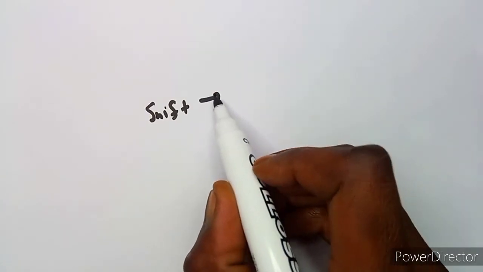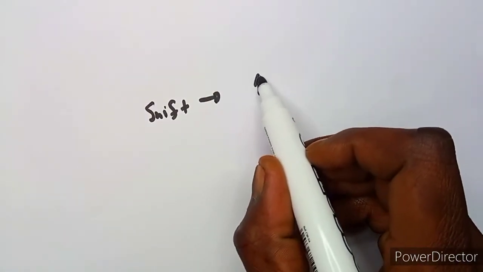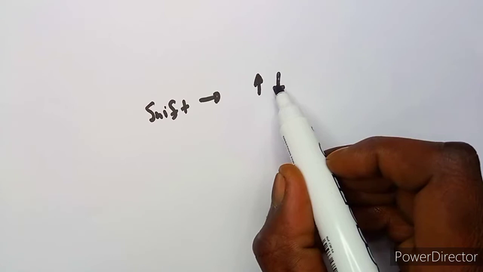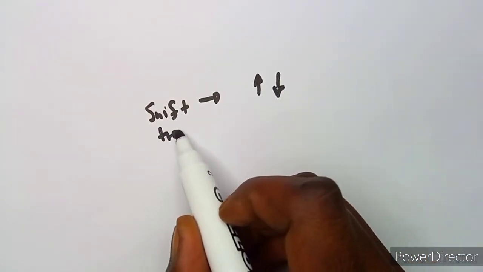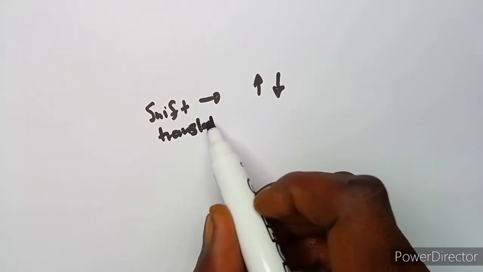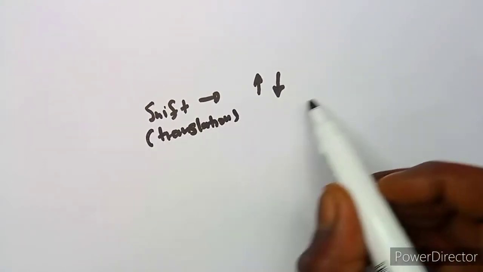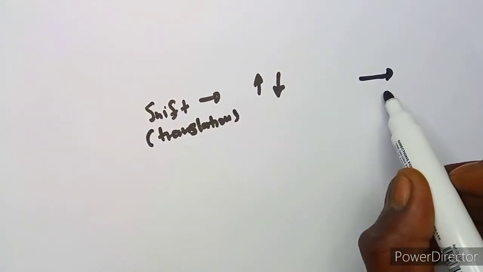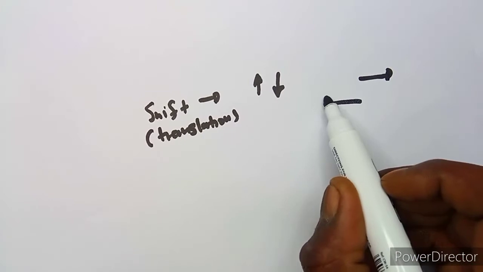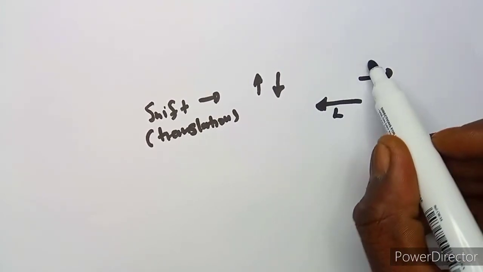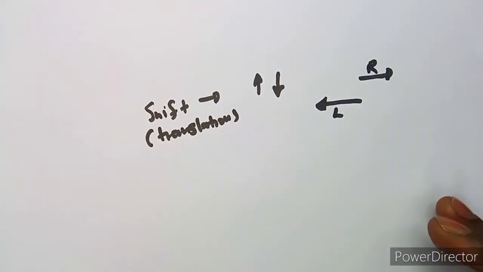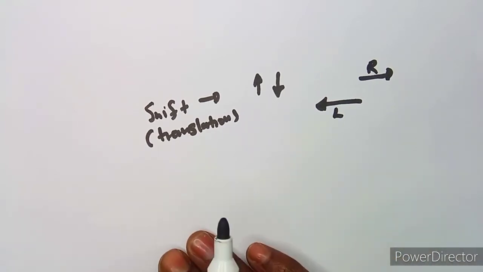You can shift the shape upwards, or you can shift it downwards, which is a translation. Or the shape can be shifted to the left, or to the right. So that is a transformation that is occurring.